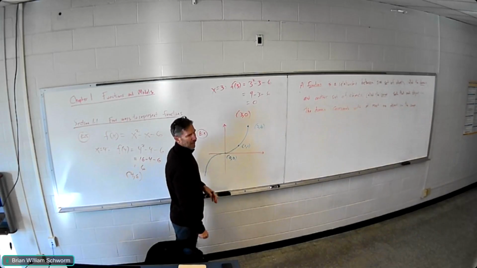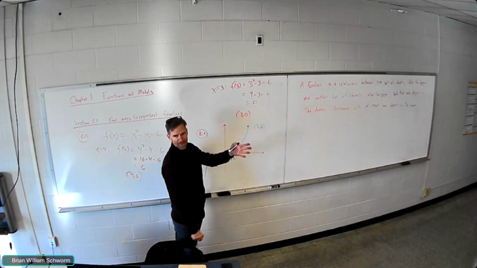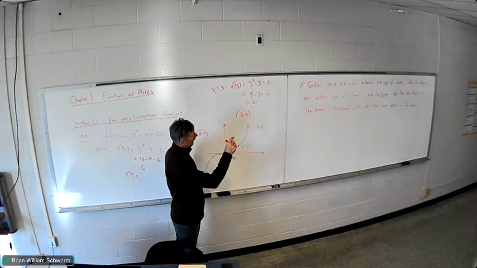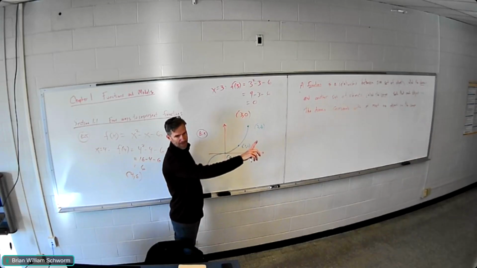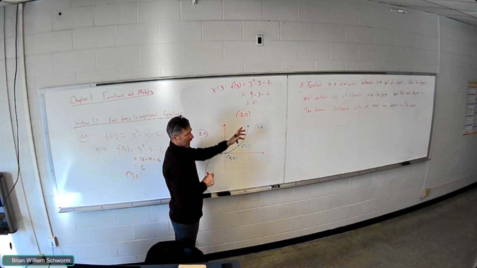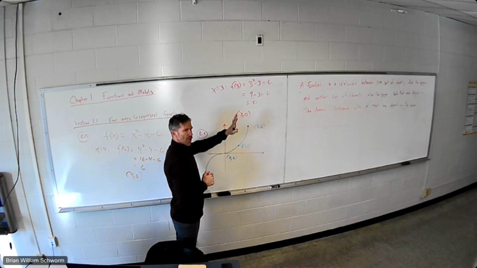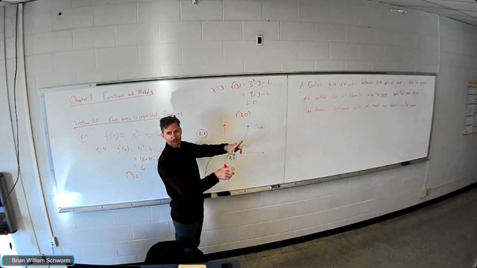Sometimes it sounds kind of confusing when you write down a definition like this, but what it's saying is each number in the domain only corresponds with at most one element in the range. To say it another way, each number in the domain cannot correspond to two different numbers in the range.